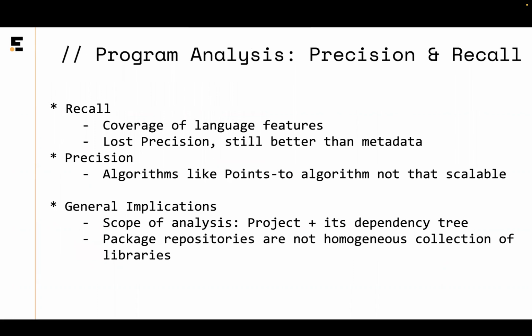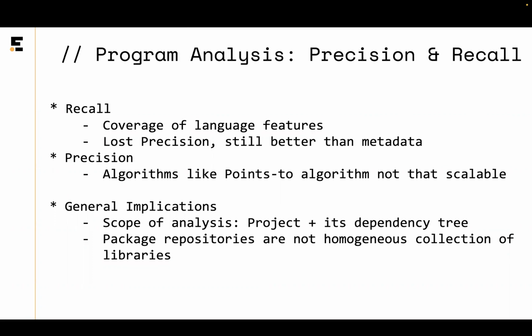When it comes to thinking about precision and recall, the way we have been thinking at Endor Labs is that we try to focus on covering as many language features as possible. If you are missing some language features, such as different ways of doing call mechanisms or dynamic dispatch, or supporting later Java versions, you will miss important calls.